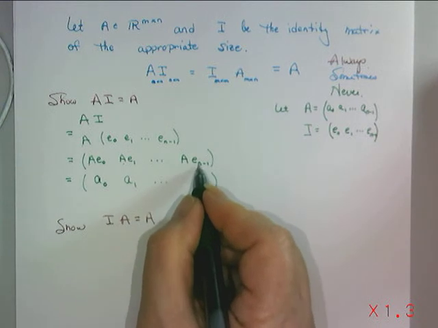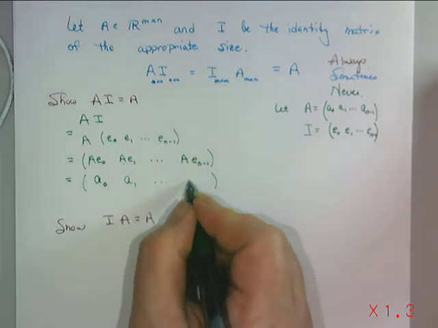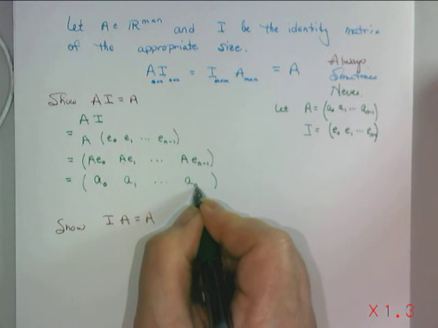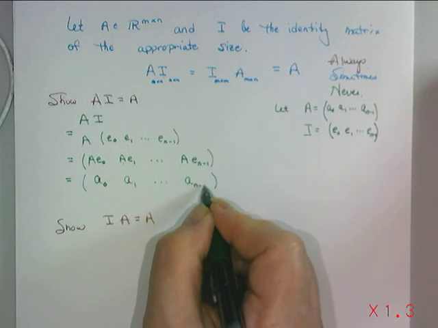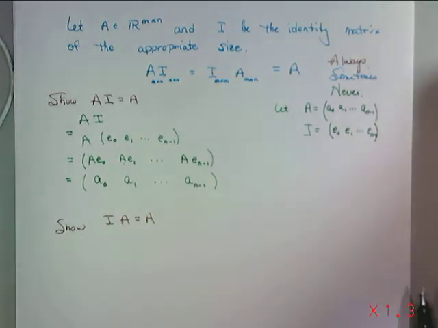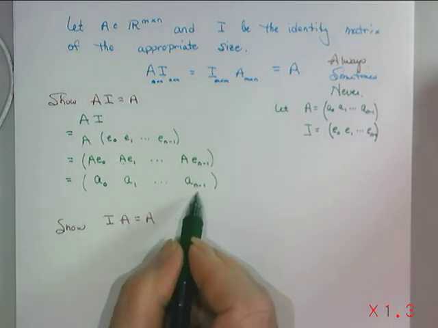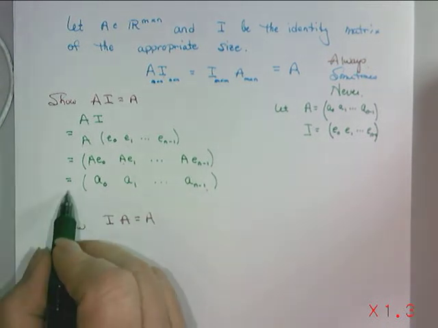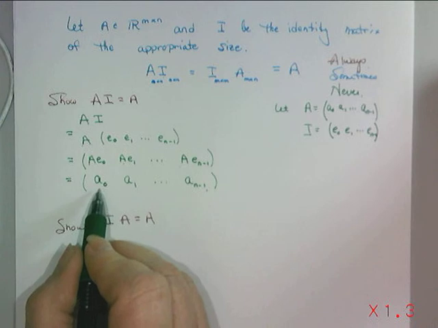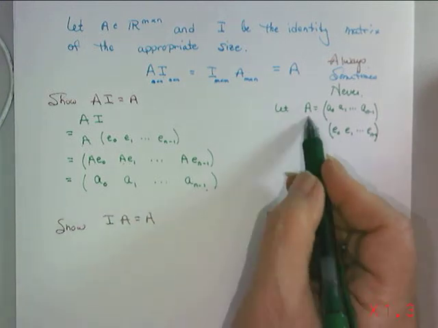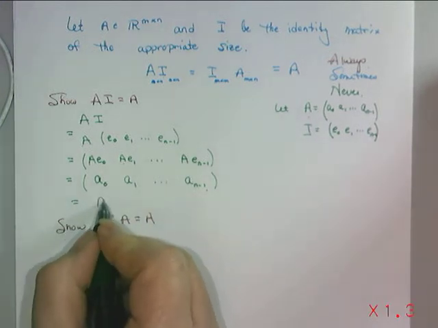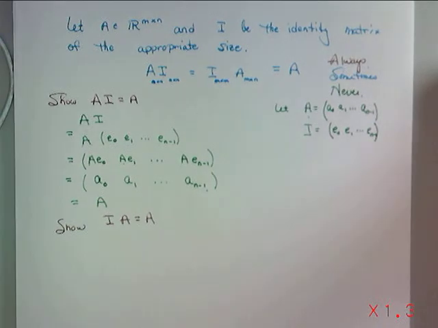A times the last unit basis vector is going to be A sub n minus 1. But if I look at the result, the product is actually the matrix with columns that match A. So this is A, and that's exactly what I wanted to show.